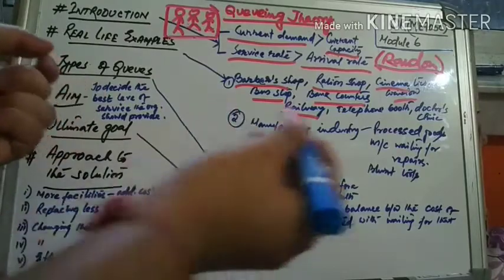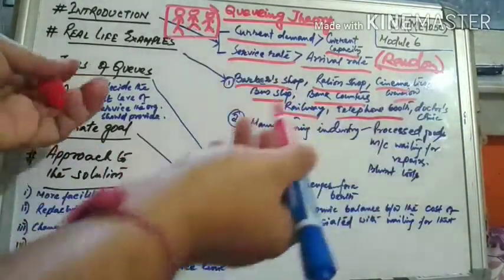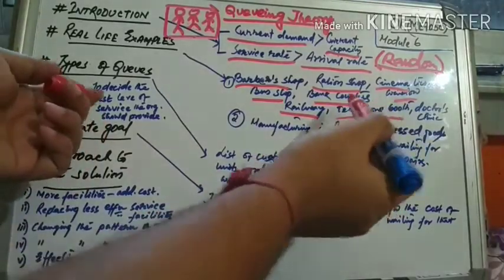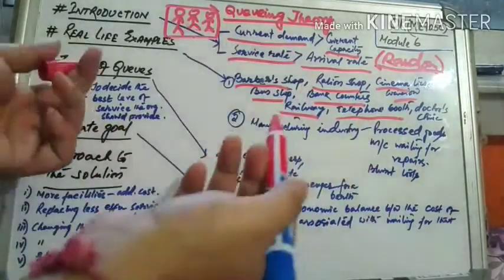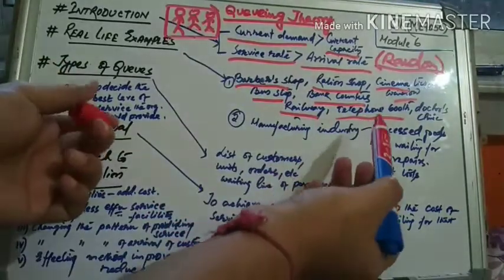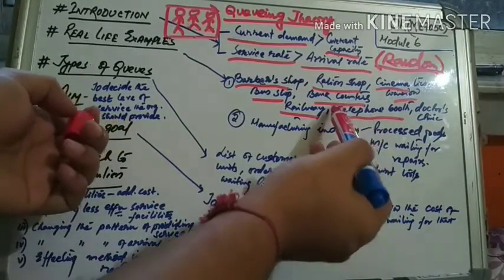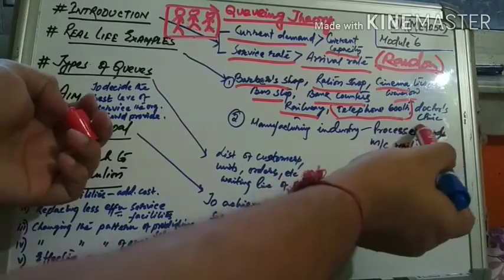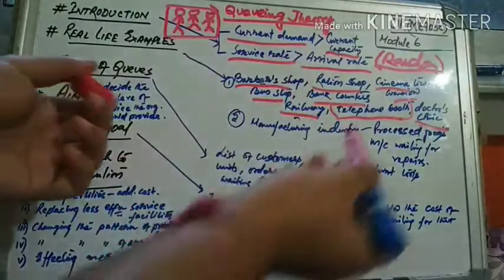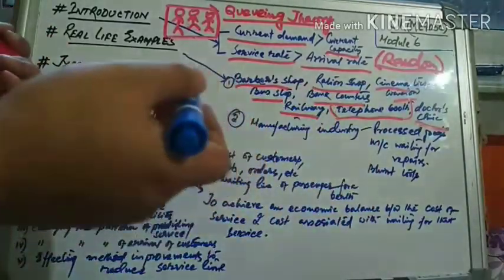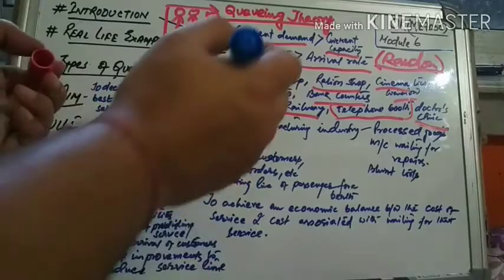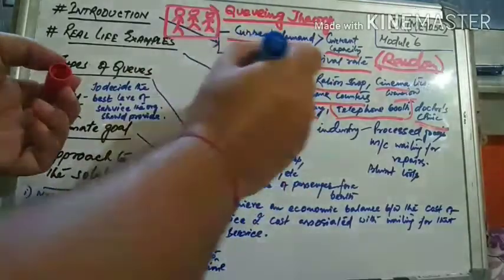So these are daily life phenomena. This queue you already know. Telephone booths are nowadays obsolete as we all have mobile phones. Doctor's clinics, I think most of you have faced them, and they have a long queue. Now these are the real life examples.